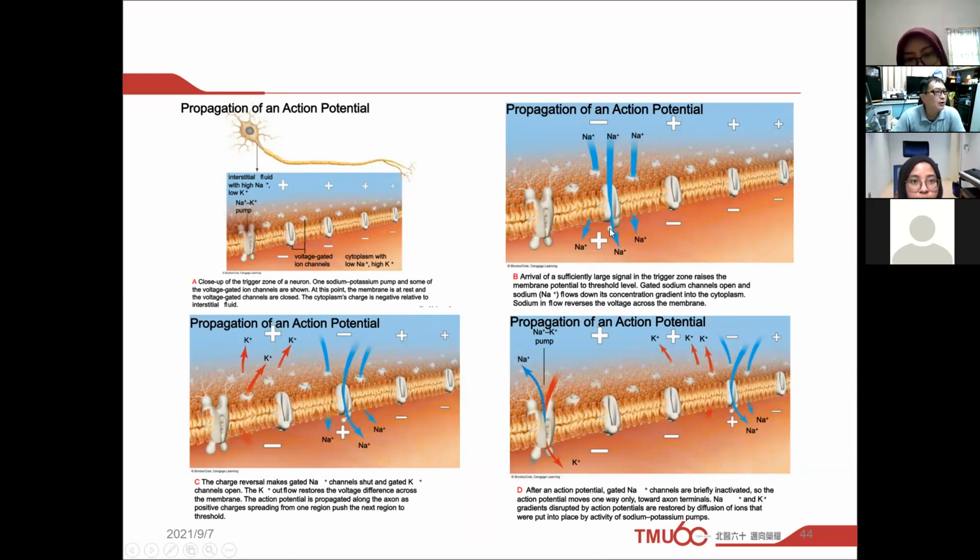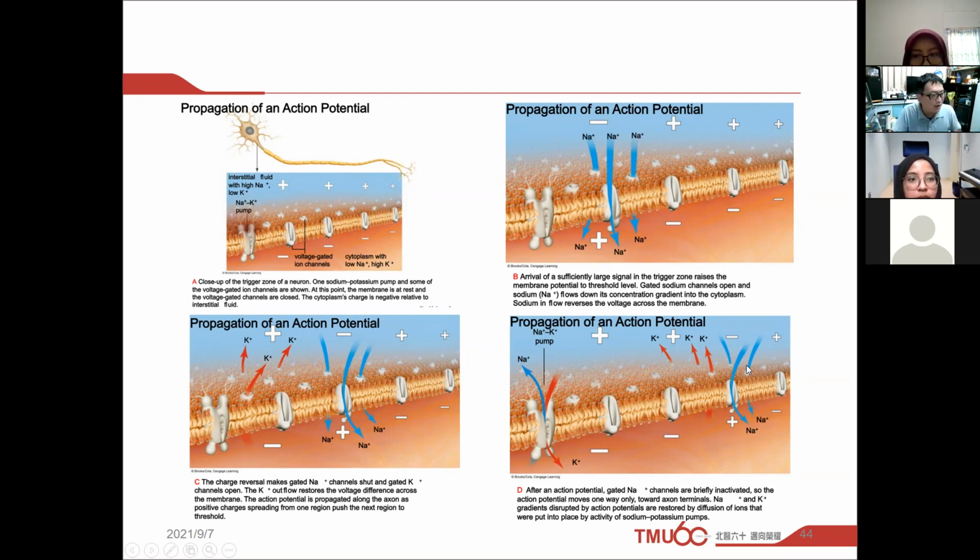The sodium comes in. As one sodium channel opens, it changes the conformation of another sodium ion channel and it starts to open too, and later on it will close with a delay. When it closes, it will open the potassium channel, and that opens up more potassium ion channels.